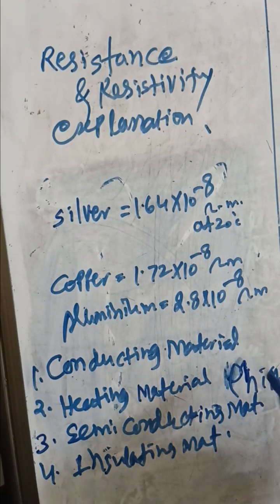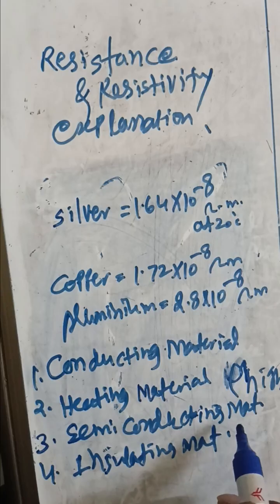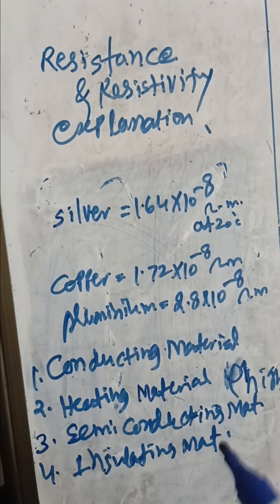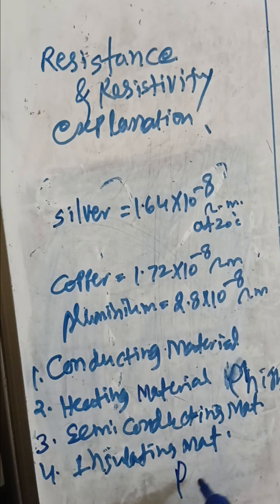Semiconducting material is mostly used in electronics, and its resistivity is more than conducting material and less than insulating material. Examples are germanium and silicon. Insulating material has very high resistivity, and there is no flow of current in it. Glass, mica and rubber are all insulating materials, whose resistivity is very high.